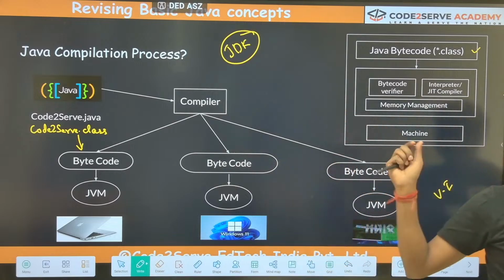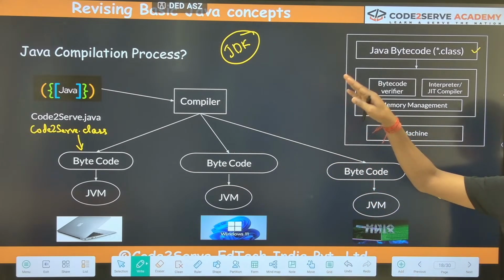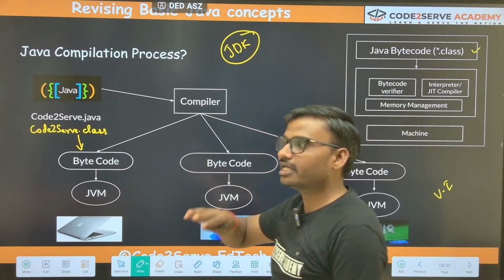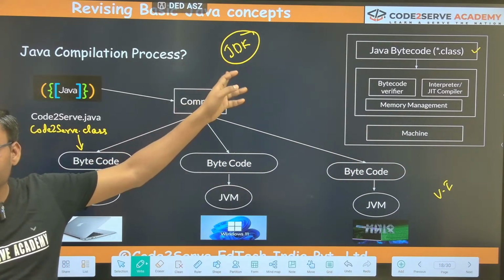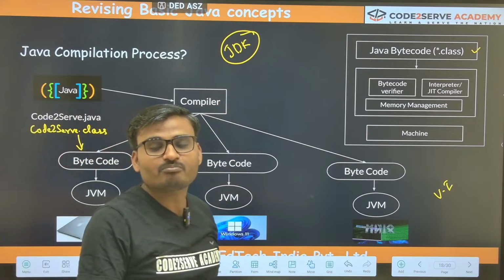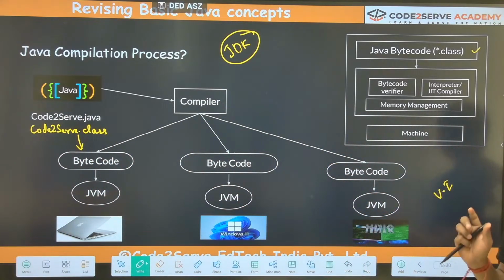You don't have to dive deeper into this. It basically means Java Development Kit. To run any Java program, you must install the JDK. Without this, we cannot write any single piece of code.